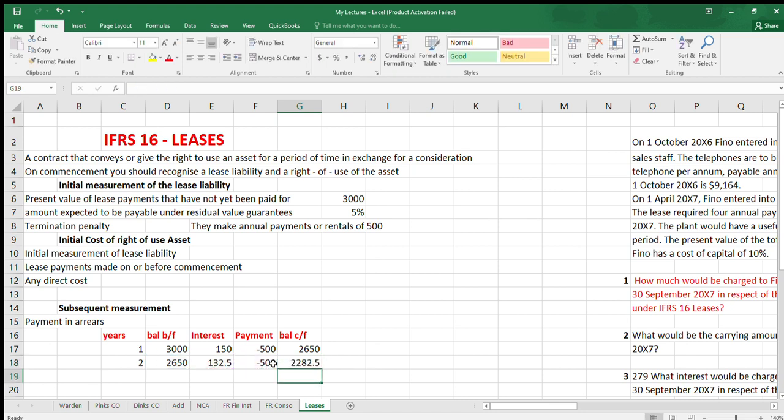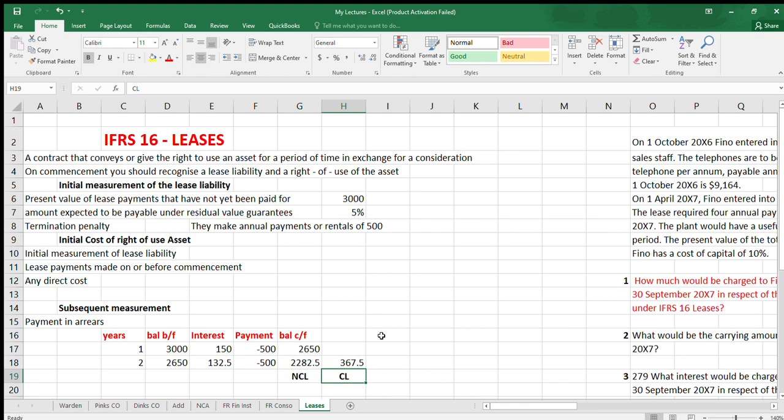So now you want to know our non-current liabilities. This figure is your non-current liability, and I'll show you why. Now your current liability is the year 1 figure minus the year 2 figure, balancing figures. So this is your current liability.